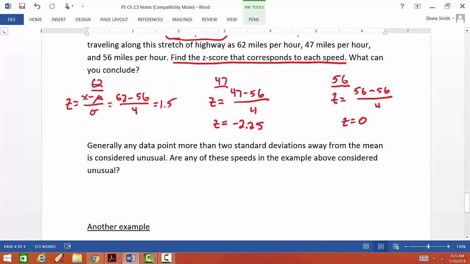And if you have a data point and you find a z-score and it has more than 2 standard deviations away, we can call this unusual or an outlier.